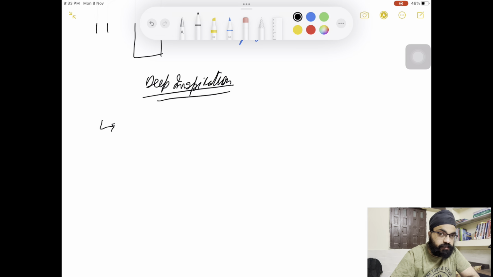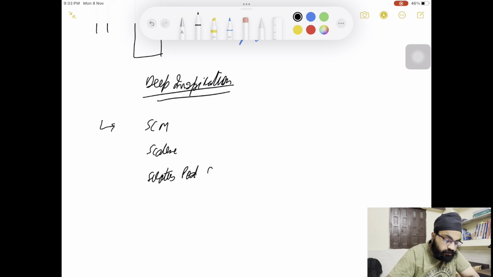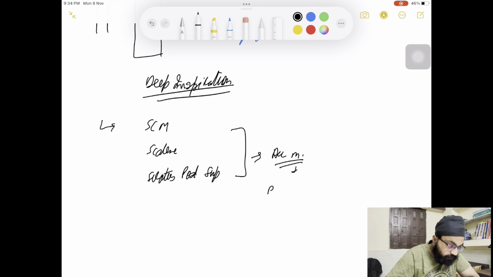Those are the two main muscles. Apart from that, you need sternocleidomastoid, scalenes, and serratus posterior superior. These three are basically mandatory for the deep inspiration. These are the accessory muscles of respiration, and they help in the elevation of ribs.